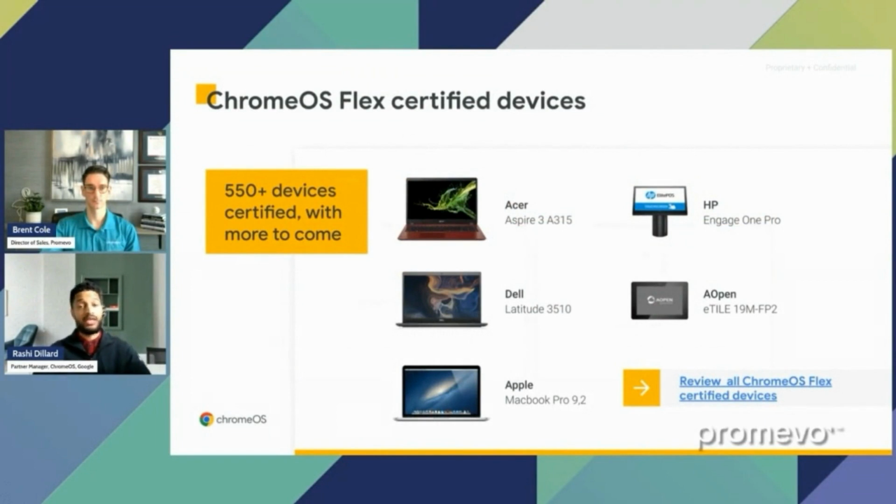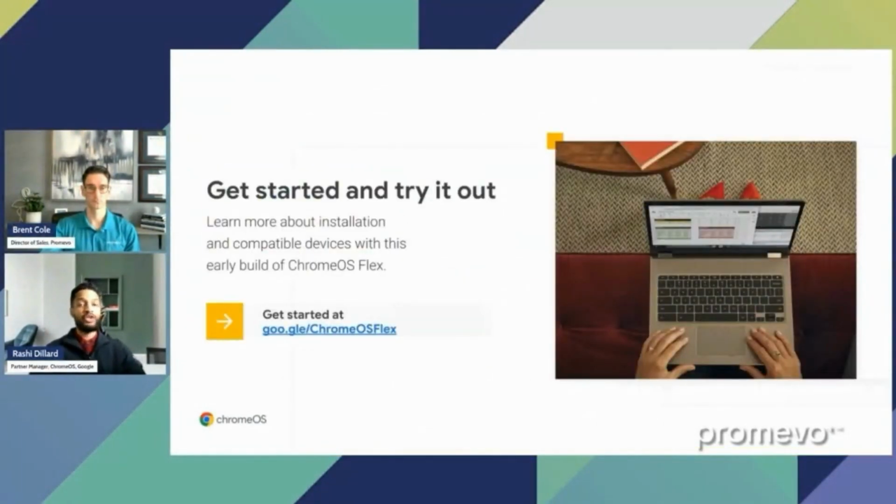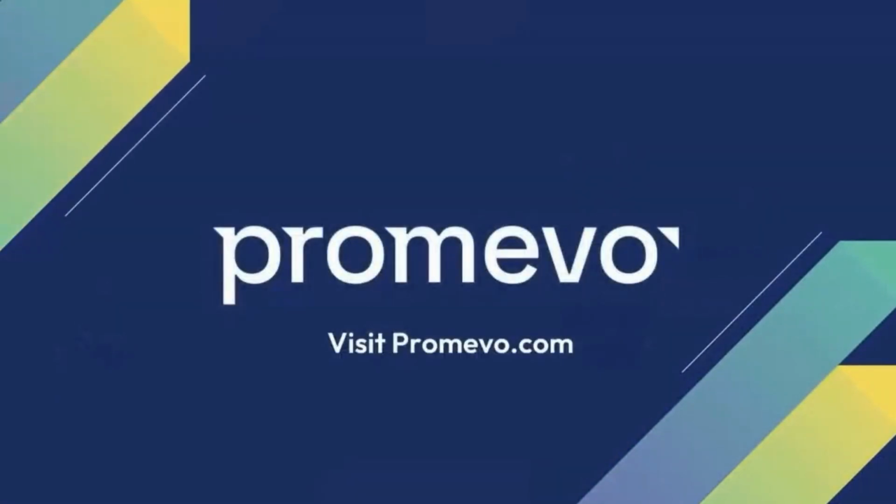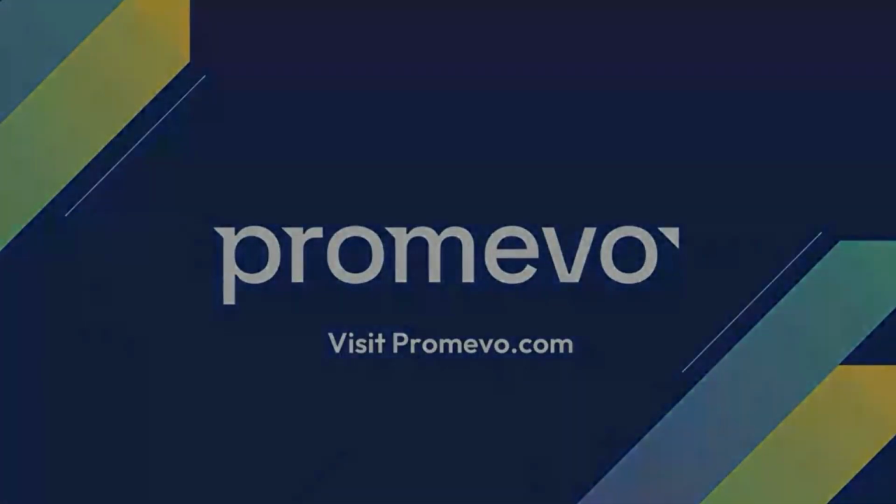This number is increasing, and we are adding new devices every day. It's very easy to get started and try it out. It's a free service that you can get software online at our site, Google ChromeOS Flex, put it on a USB drive and pop it into any older PC or Mac devices that you have and get started right away.